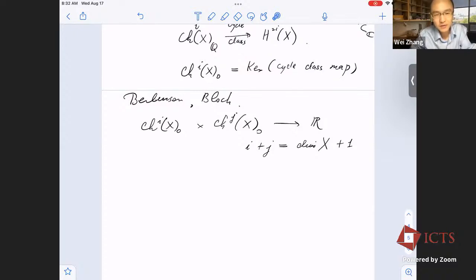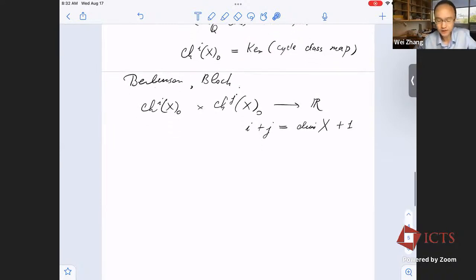First of all, you have to assume X has a regular integral model. Then you have to assume the special fiber satisfies very strong conditions, satisfying the conjecture of Tate and so on. So it's hard to verify in general, and even if the pairing is defined, it is relatively hard to verify it has nice properties relative to correspondences.